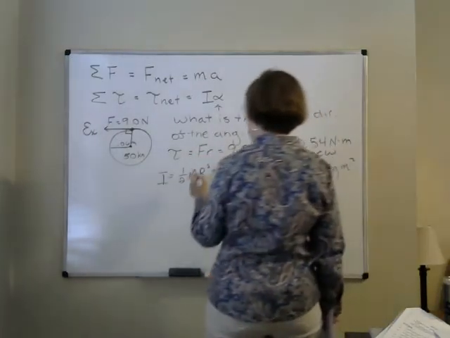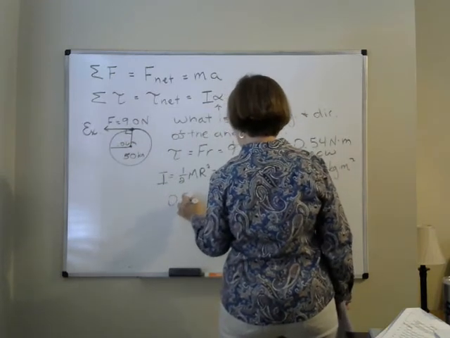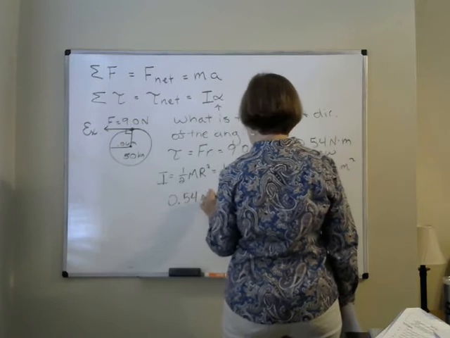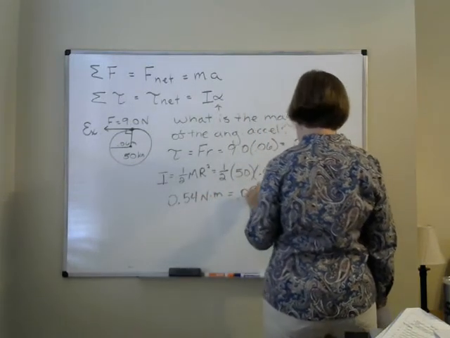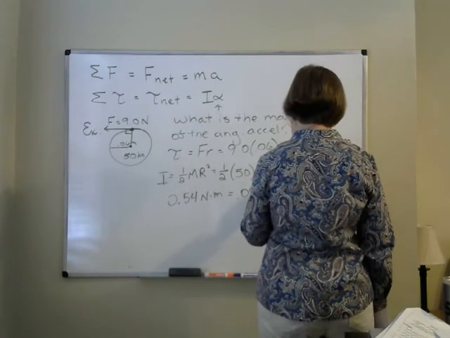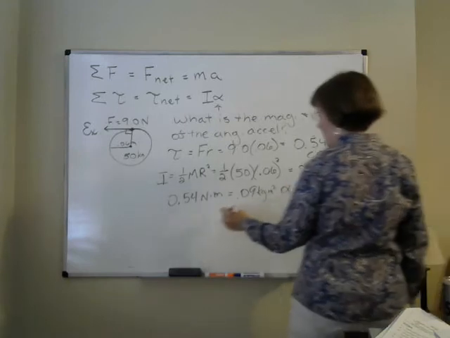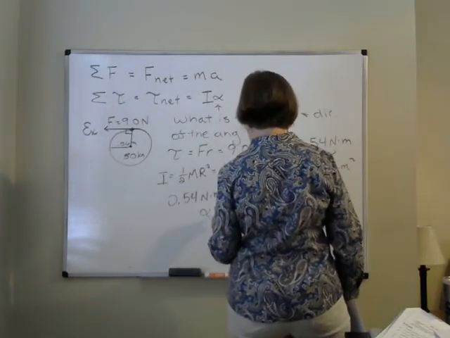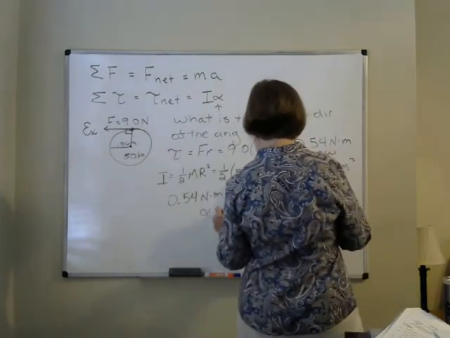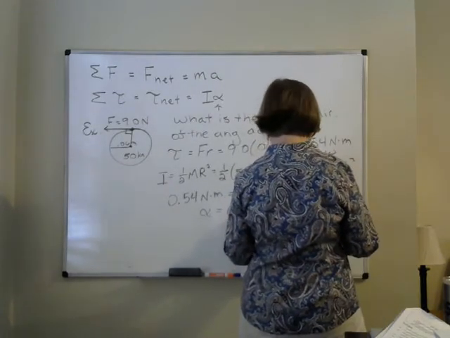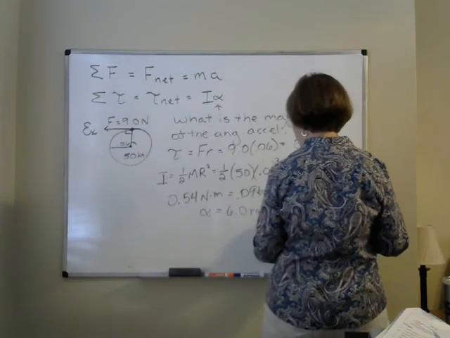We can just put that all in this formula. 0.54 Newton meters equals 0.09 kilogram meters squared times alpha. And alpha is going to come out to be 6.0 radians per second squared.